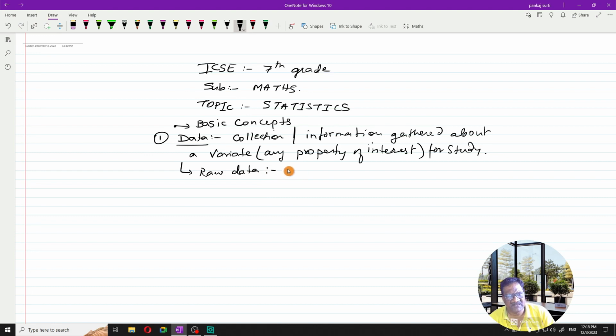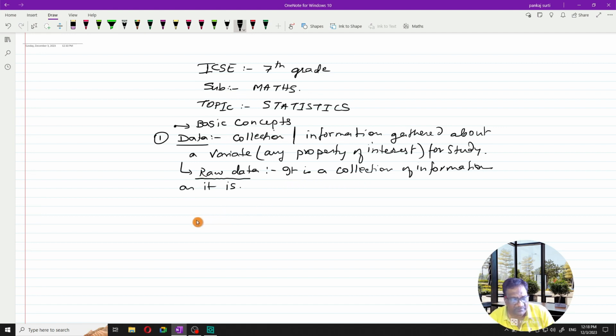Raw data is a collection of information as it is, without any further arrangement done to that data. So raw data is just data which is collected from the survey.